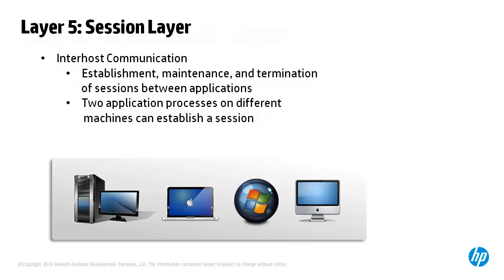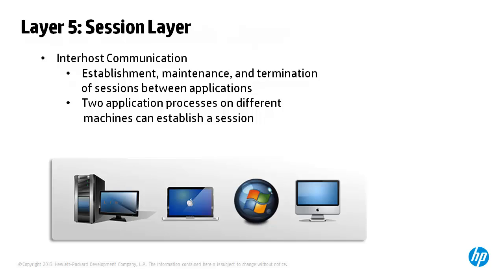This allows two application processes on different machines to establish, use, and terminate a connection, and that is called a session. This performs functions that allow those processes to communicate over the network, performing actions, providing security, name recognition, logging, and so forth.